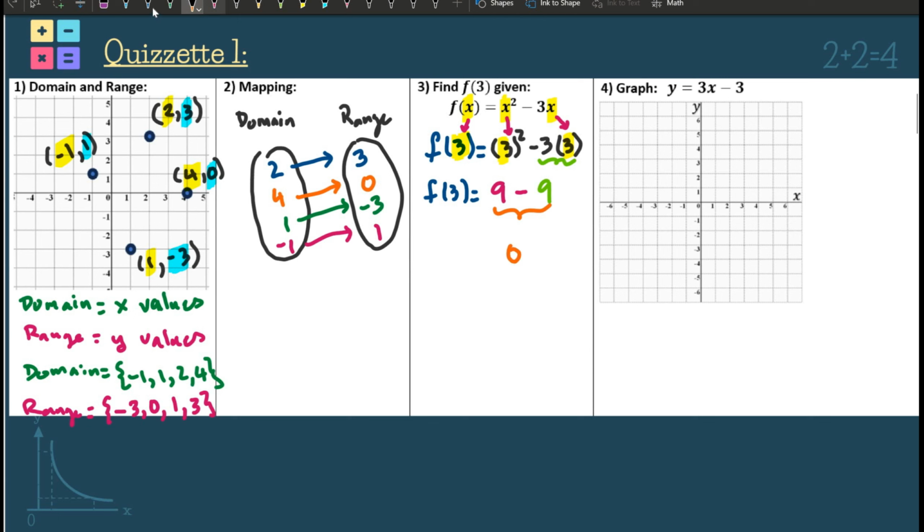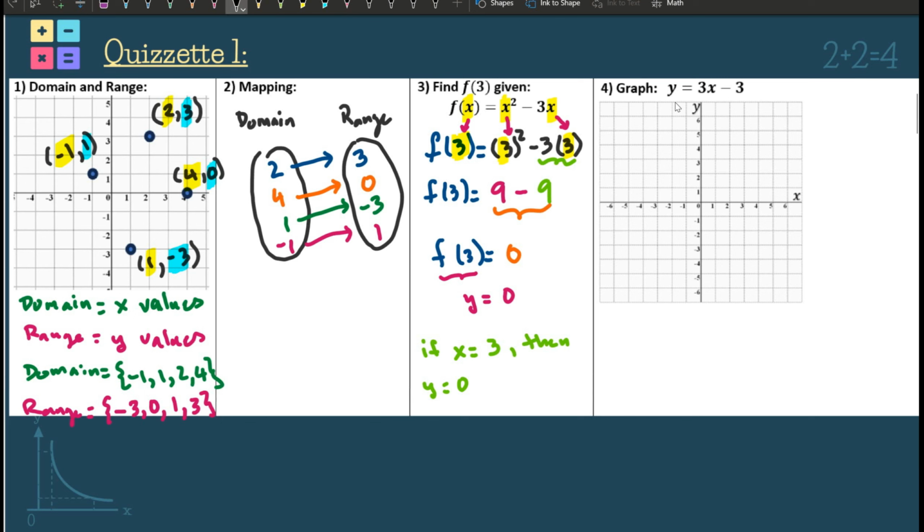Interesting. f of 3 equals 0. A different way to think of this is f of whatever value means y. So if x equals 3, then the corresponding y value is 0. That's it.